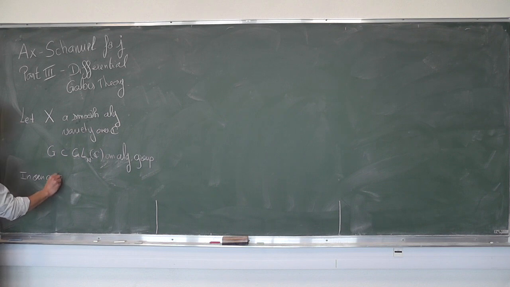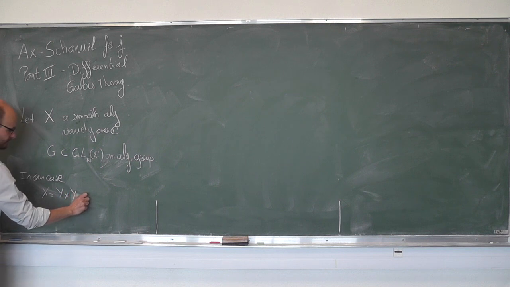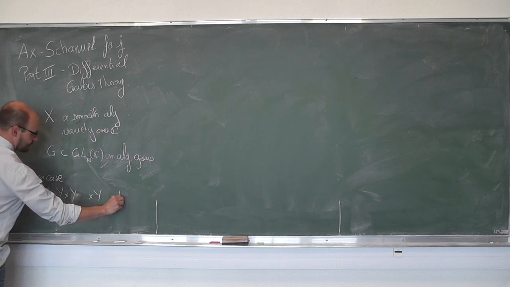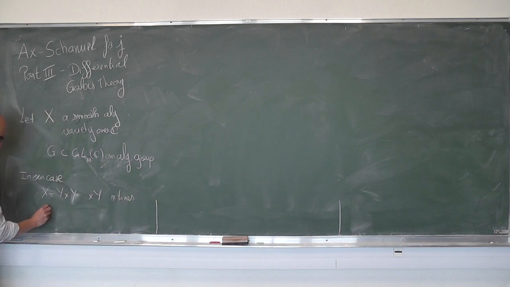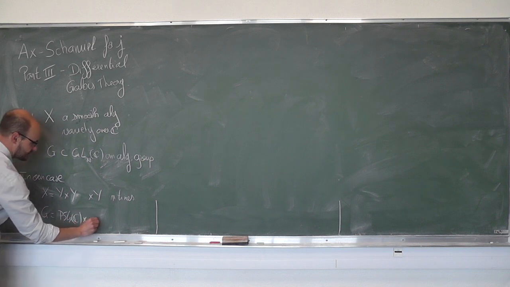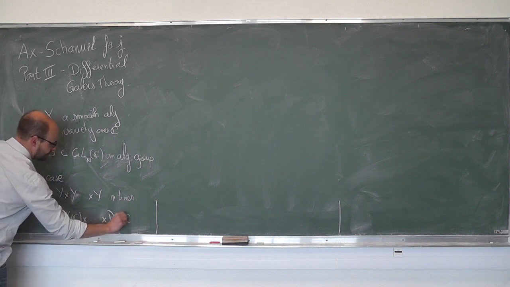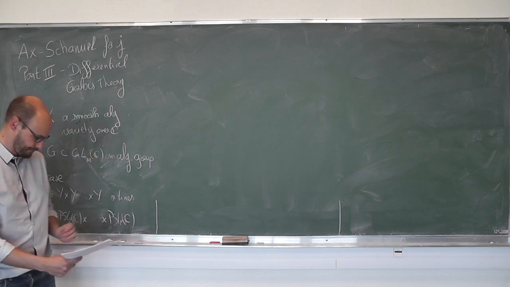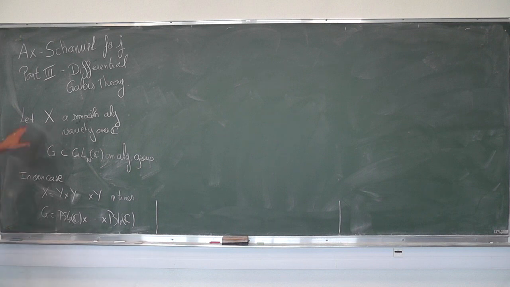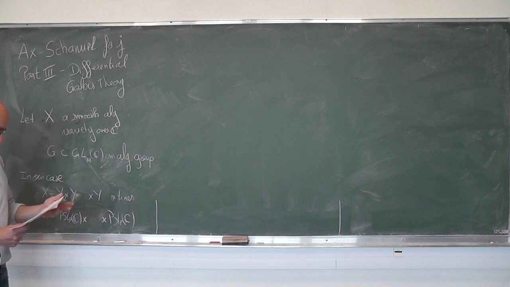In our case, X will be the Cartesian product of Y n times, and G will be the Cartesian product of PSL2(C) n times also. So this is the space of our independent variables, so there are many of them, and this is the group that will structure our linear differential equation.